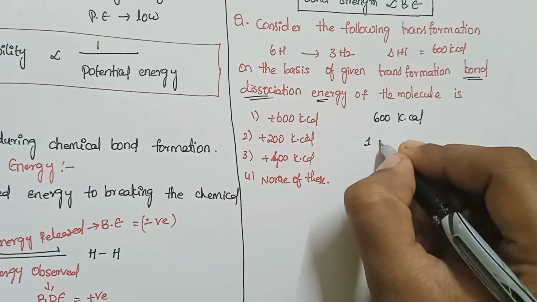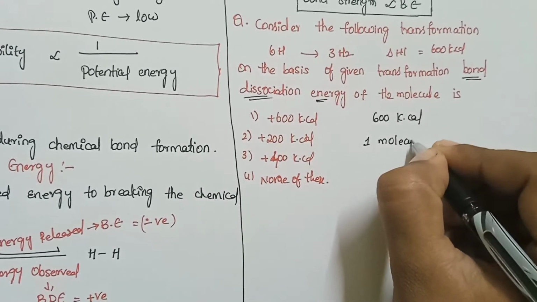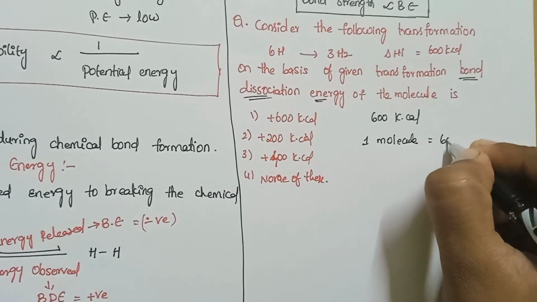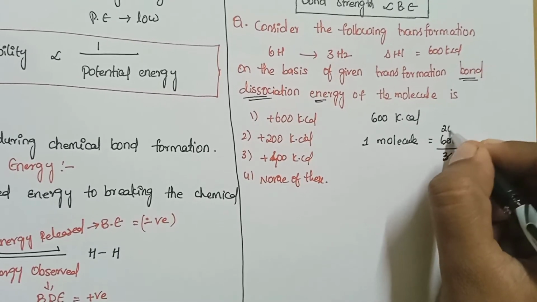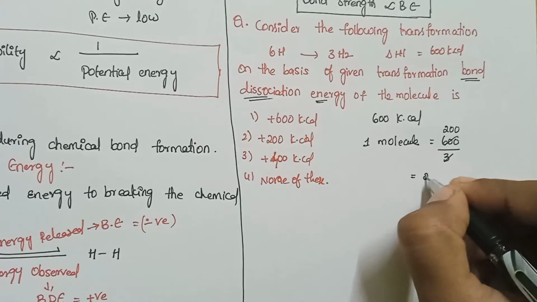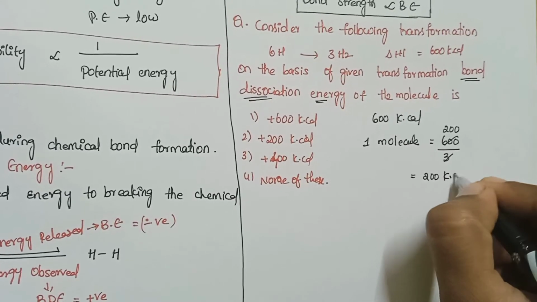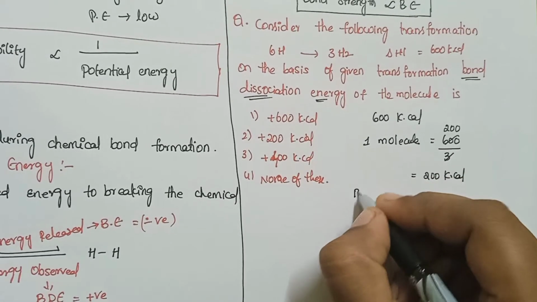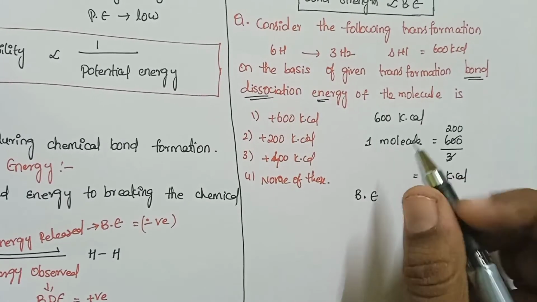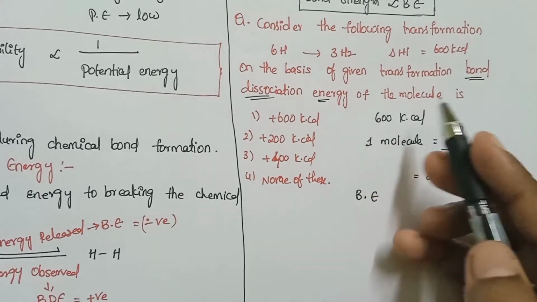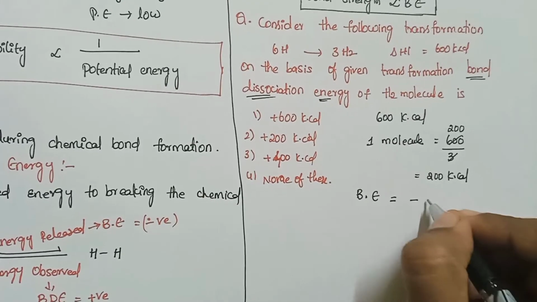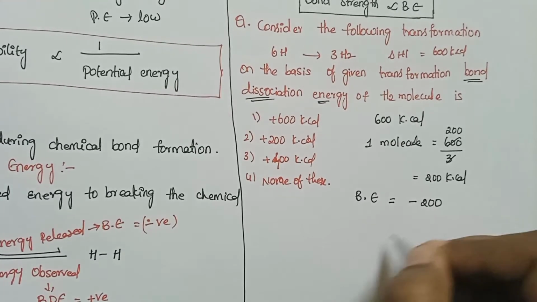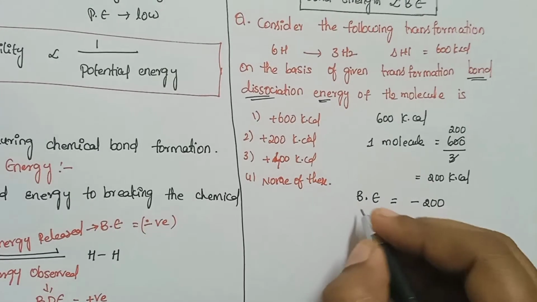So 1 molecule is 600 by 3, which is 200 kilocalories. If the question asked bond energy, that would be negative 200.